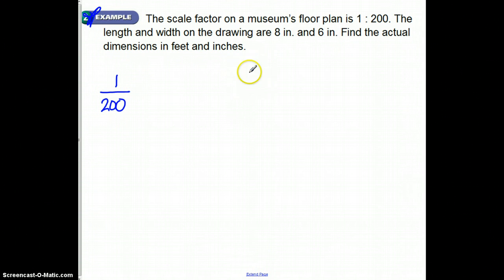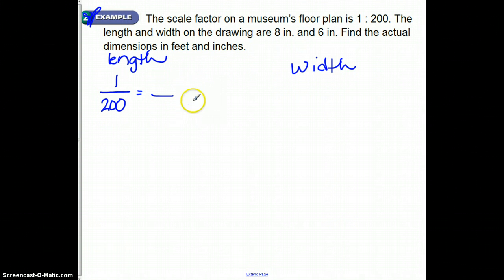So first of all, I'm going to have one here that's really built around length. Let me get rid of this. And I'm also going to have to do one that is based on width. So if I looked at these two, my length would be the 8 and my width would be the 6 inches.